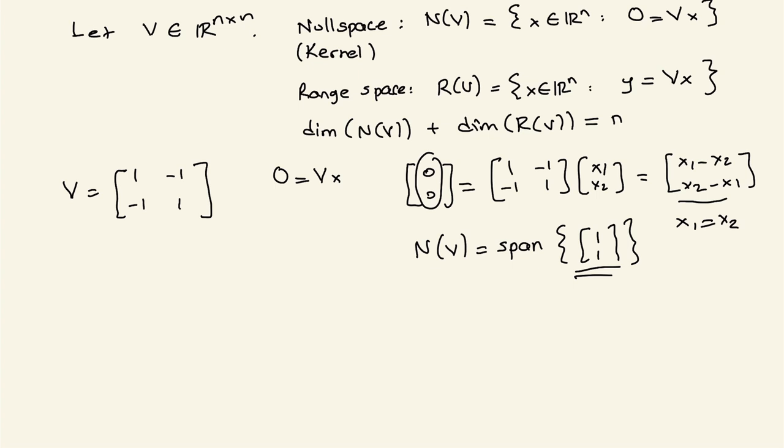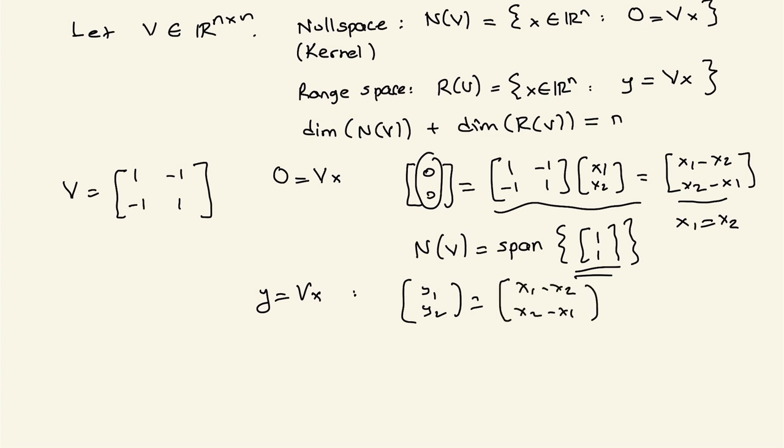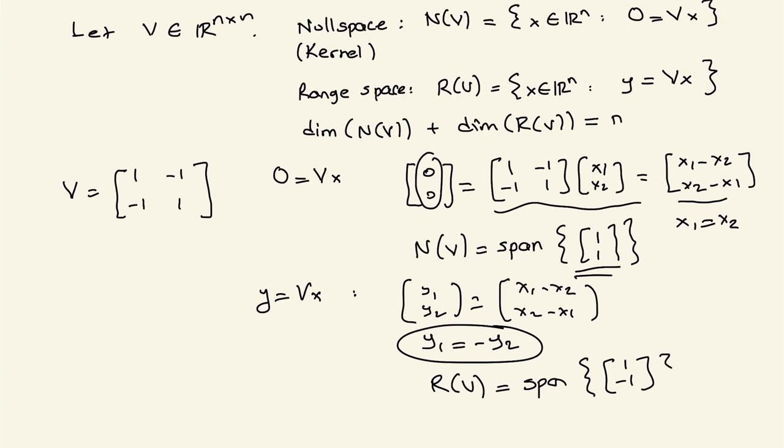Now let's find the range space, applying y equals Vx. Here, y1, y2 equals Vx. So we have x1 minus x2, x2 minus x1. We are going to see y1 equals minus y2. In this case, the range space of V is the span of vectors of 1, minus 1 structure.